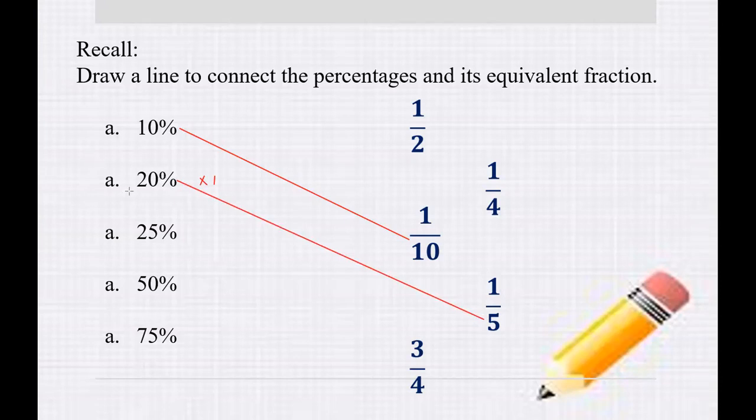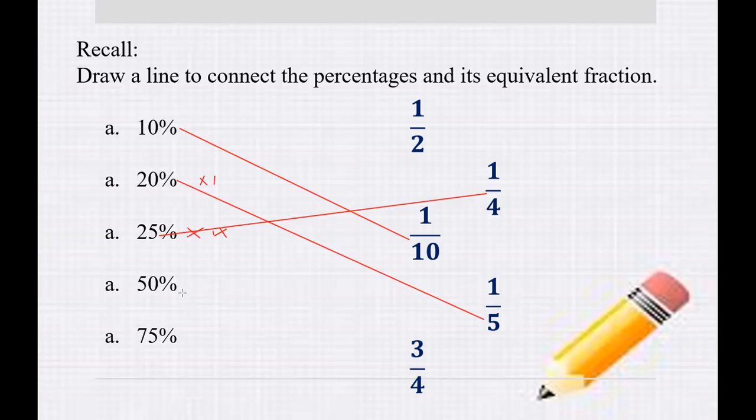Anyway, 100 divided by 5 is 20. Now, what is the pair of 25 to give you 100? Yes, times 4. So this will be 1/4.